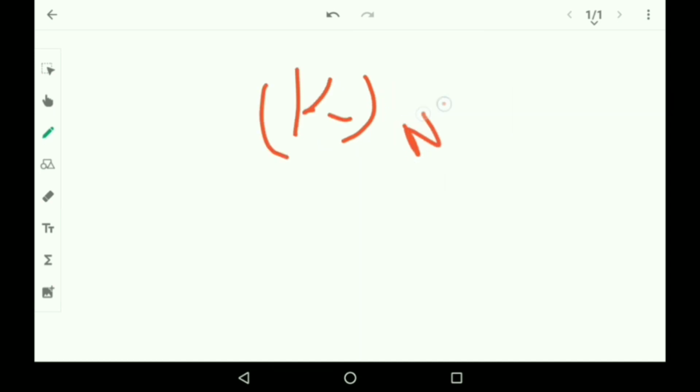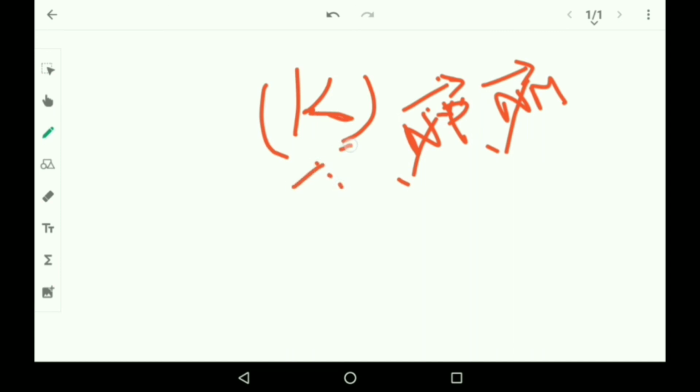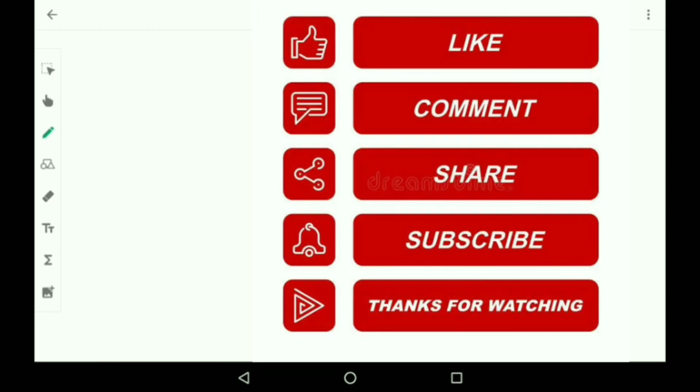Next one is subdivision K. N is the initial point of NP and NM. N is the initial point, N is the initial point. So both initial points are the same, N only, and that is what they've mentioned in the question. Therefore, the answer will be true. Okay, for the question K, it is true.